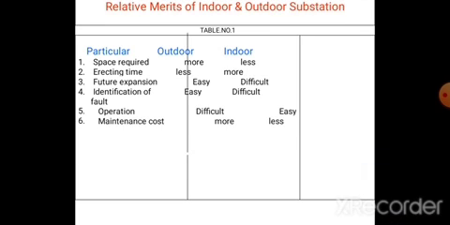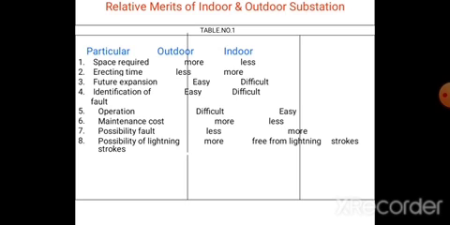Operation of outdoor substation is difficult and indoor substation is easy, and maintenance cost is more in outdoor substation and less in indoor substation, and the possibility of fault is less in outdoor substation and more in indoor substation.